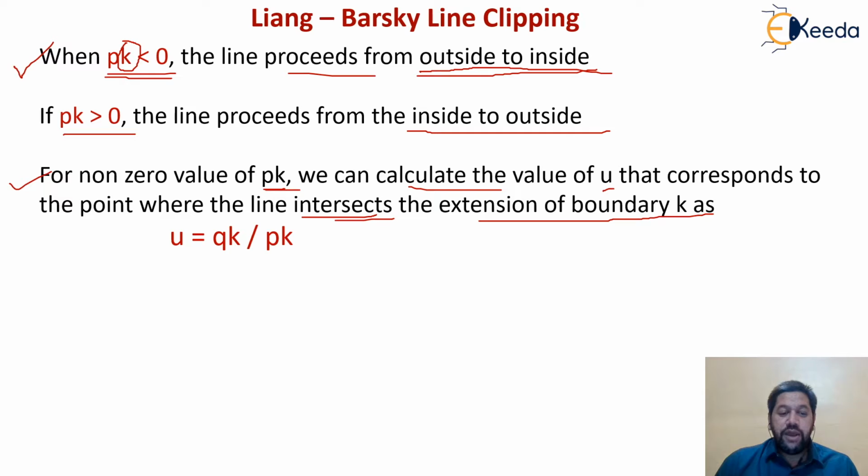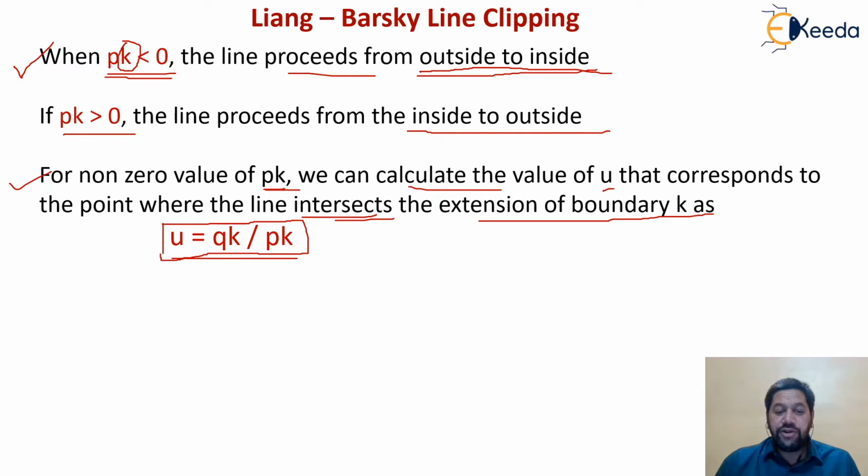We can calculate it by u is equal to qk divided by pk. So we are going for a simple formula here to find the line intersection with the boundary k.